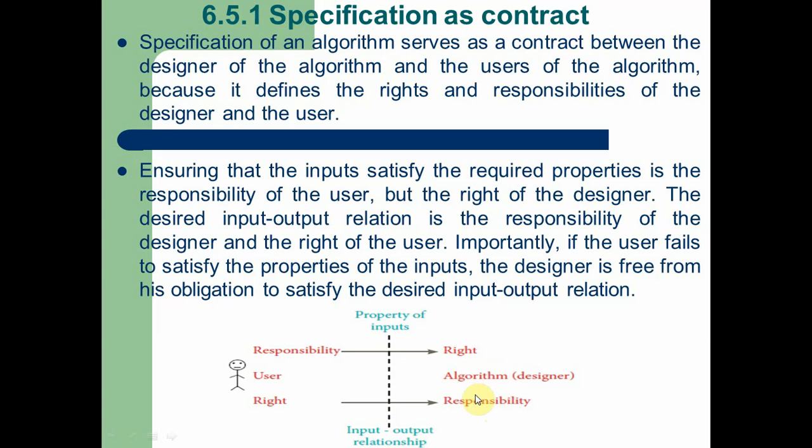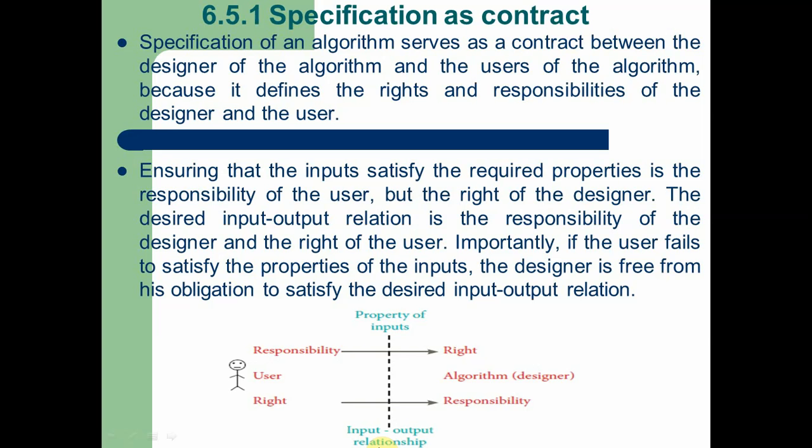This is the responsibility of the programmer and right of the user to get exact output from the programmer. So this specification, that is the input output properties and relationship of input output, becomes a contract between user and programmer. So specification plays a very major role when we try to develop any software.